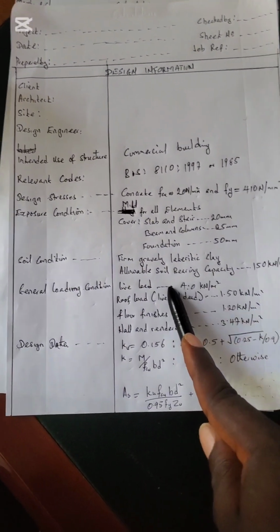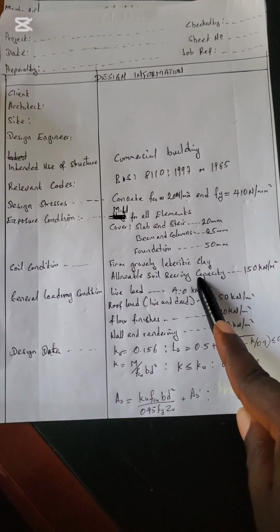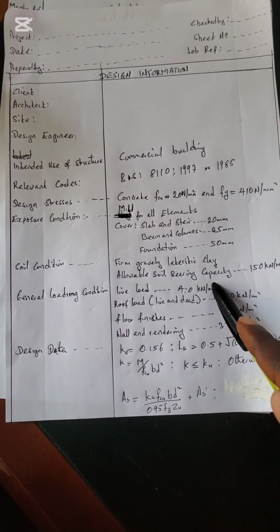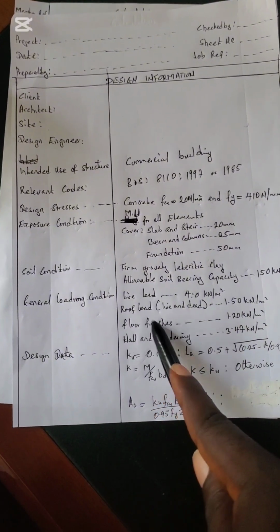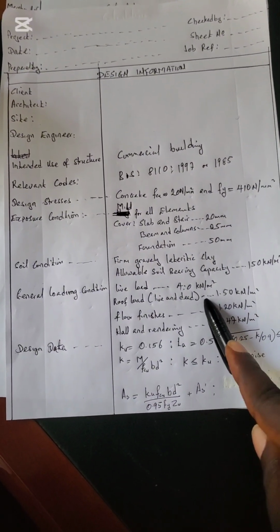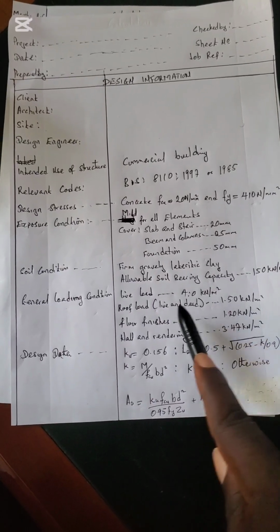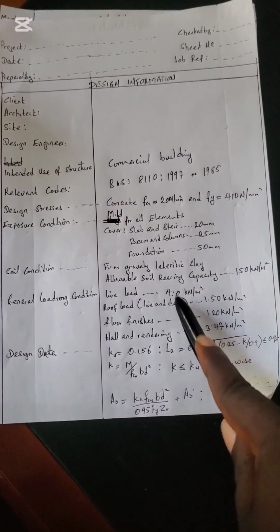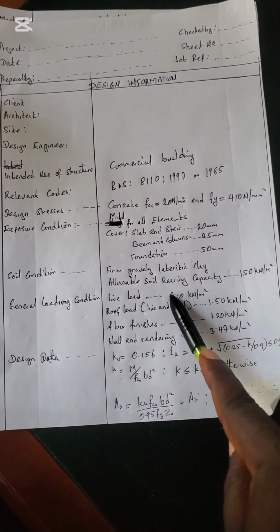People use 3.0, but I am using 4.0 kilonewton per meter square. Then the roof live load is taken as 1.5. This is a factored load. So when you are talking about live and dead load, it's 1.5 times 1.5. When we get there, we will explain better.